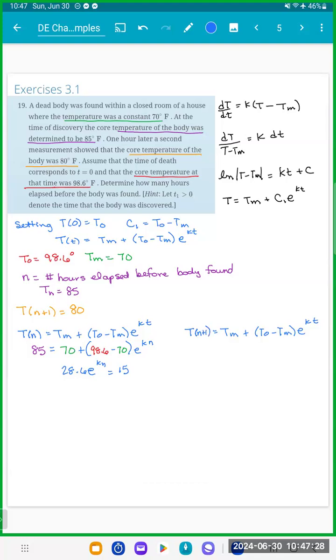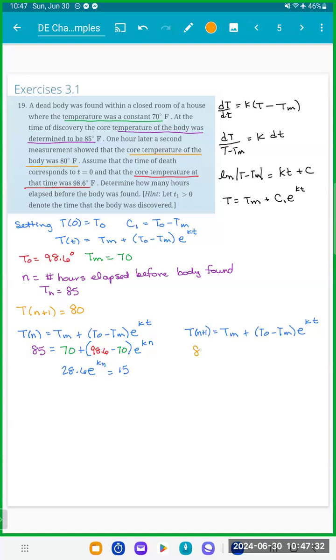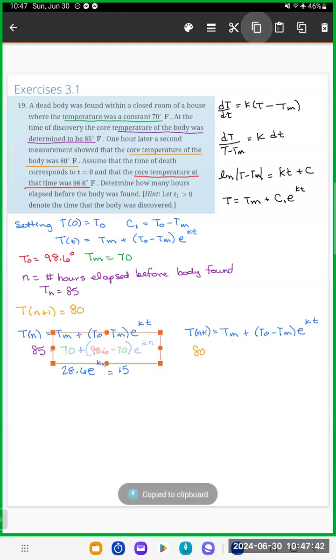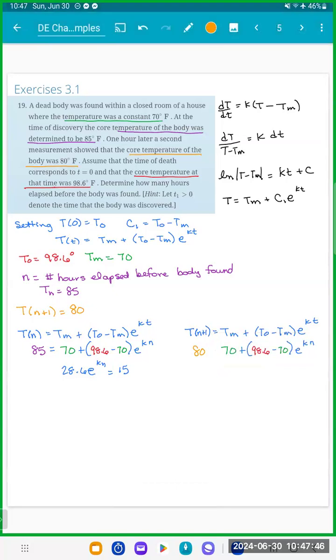Remember, our n plus 1 temperature is 80. The right-hand side is all still the same.